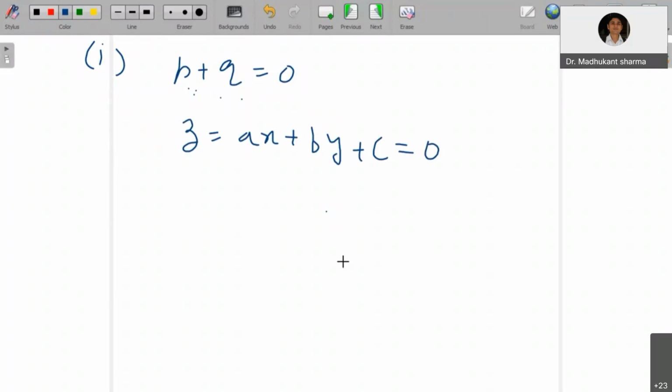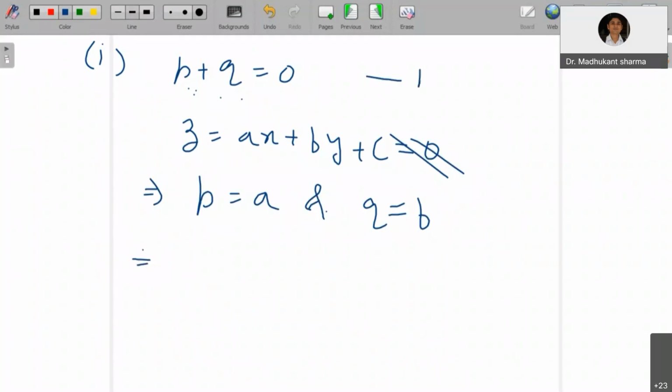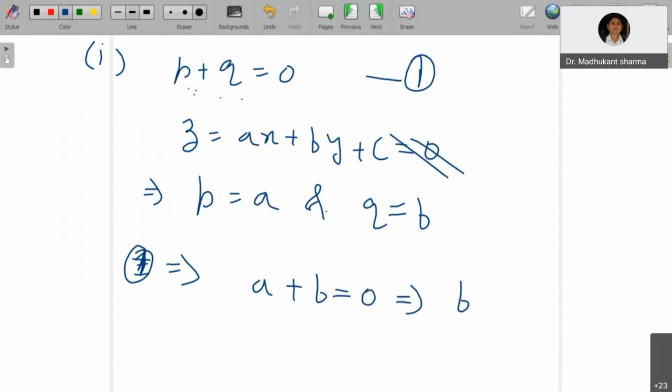This will give you p equals a, q equals b. Call this equation 1. Then equation 1 implies a plus b equals 0, which implies either b equals minus a or a equals minus b.